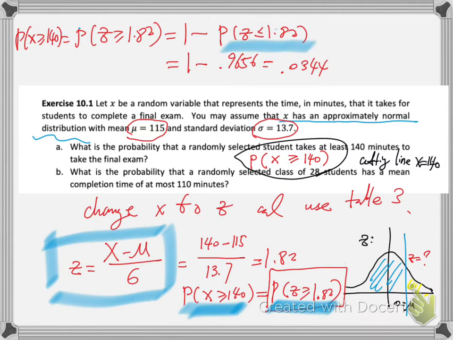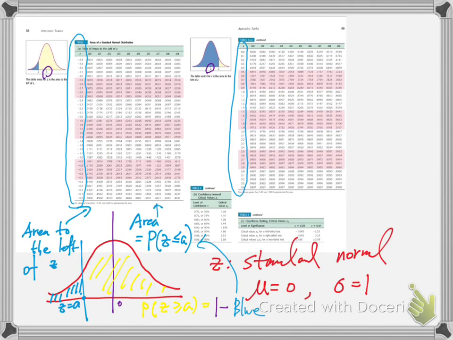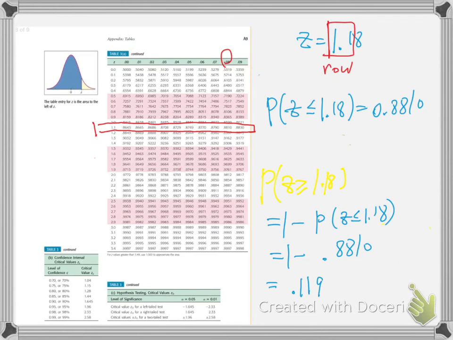Let me show you again where I found this number in table 3. For 1.82, 1.8 is here; this is the row we need. The second digit is 2, so this is the one: 0.9656.